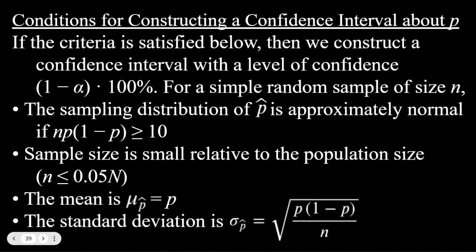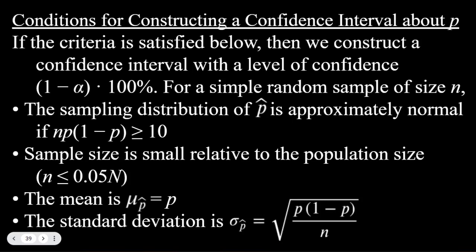The conditions for constructing a confidence interval about a population proportion p. If the criteria is satisfied below, then we can construct a confidence interval with a level of confidence 1 minus alpha times 100% for a simple random sample of size n.